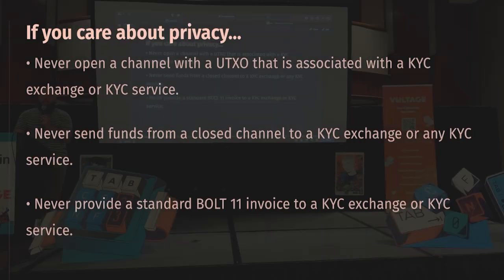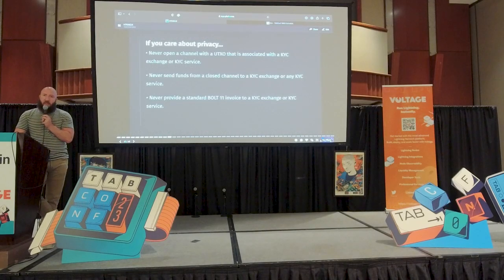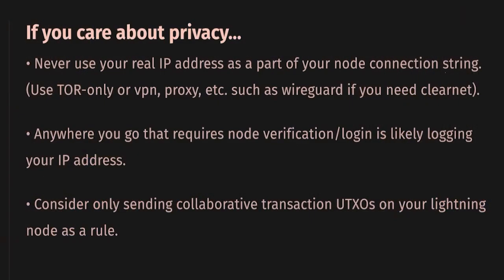And when you're receiving, your node pub key is in the standard invoice. So if the person or entity that is paying you knows your real name, knows your address or something, they'll be able to see what your node is. And there's a few other gotchas here.